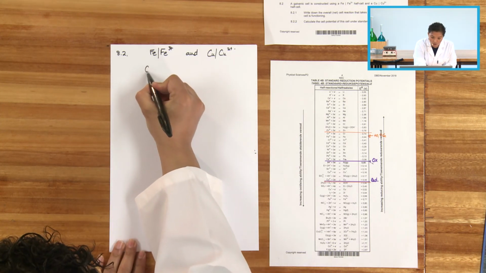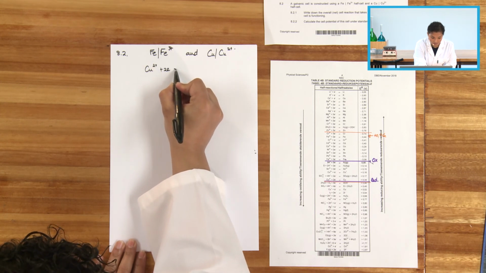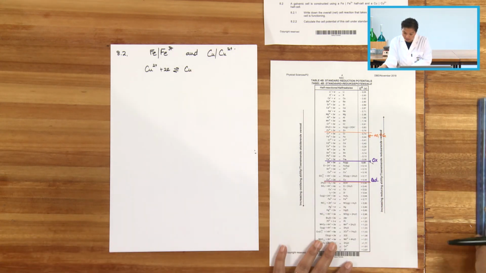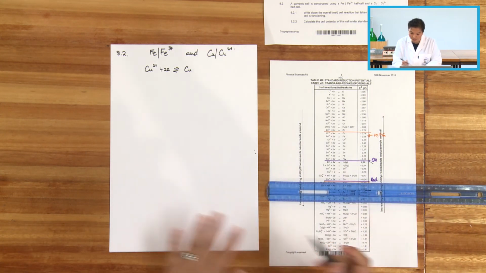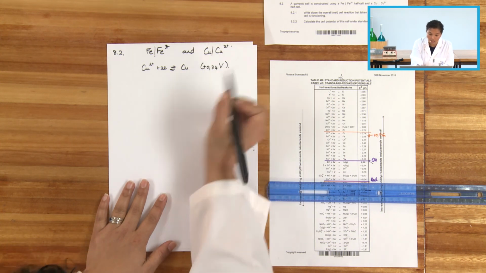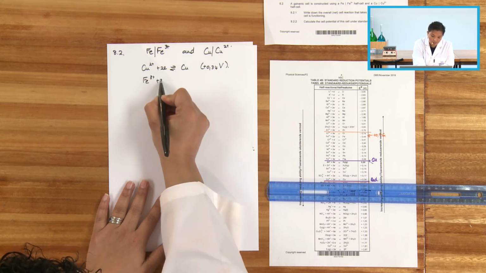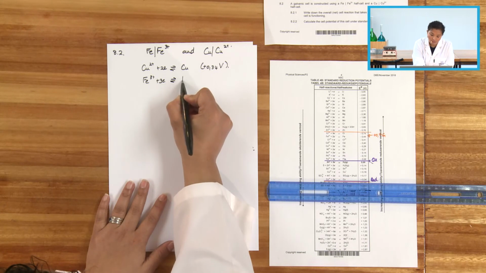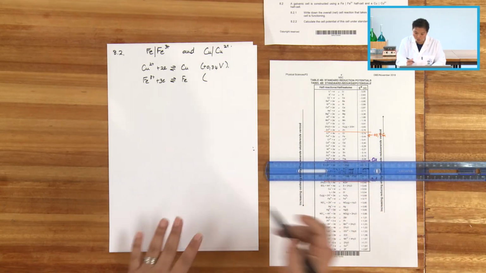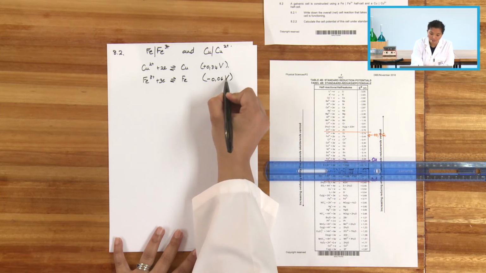So if we look at copper 2 plus plus 2 electrons, over here we've got positive 0.34 volts. And then if we look at iron 3 plus plus 3 electrons, we've got negative 0.06 volts.